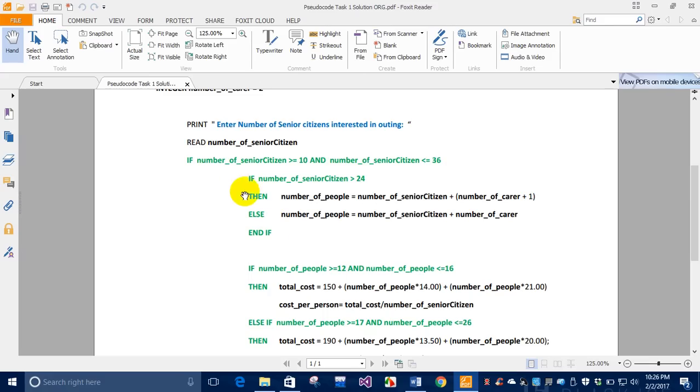Now over here in this if else, or you can say in this control structure statement, I'm finding the actual strength of the number of people.